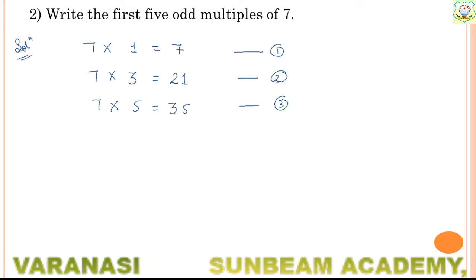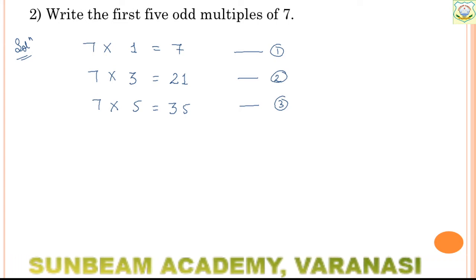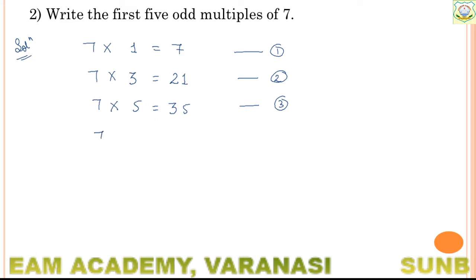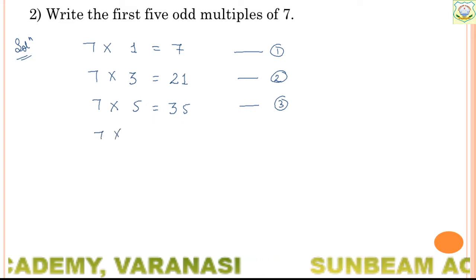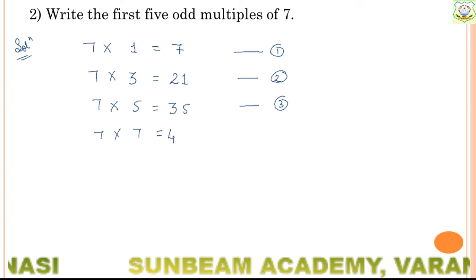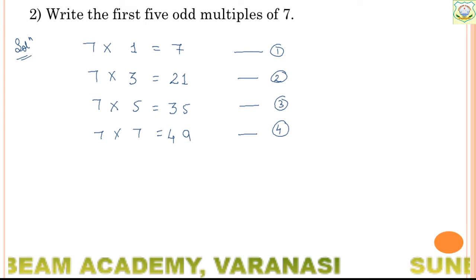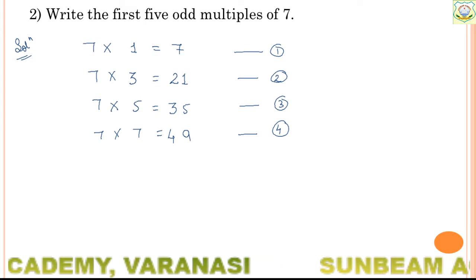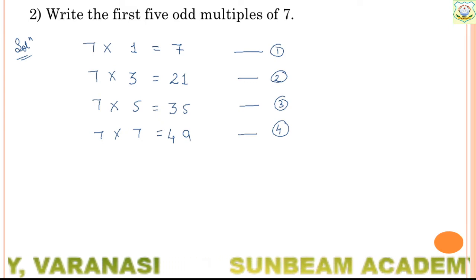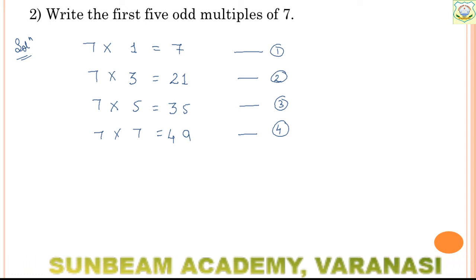Then after that, next, 7 multiplied by 7, that equals 49. We got the fourth multiple. Now next we have to multiply by which number?